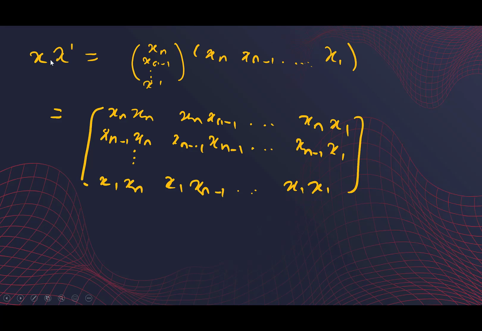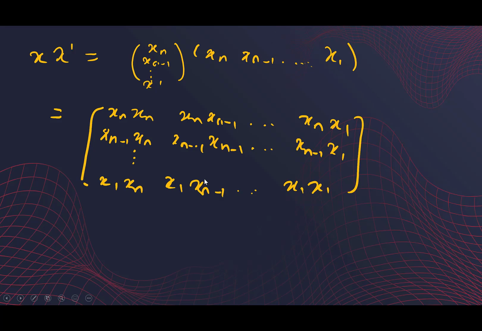So if you want to look at x x transpose, you multiply it with x transpose. So this term times this term is xn xn. The first element times the second term you have here. The first element times the last one is here. For the second row, you look at the second element in this vector and then multiply it with each of these elements and so on.